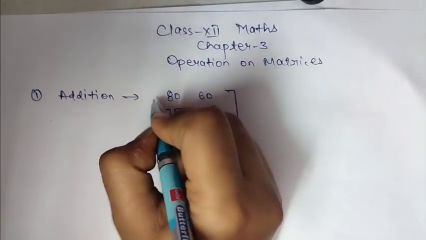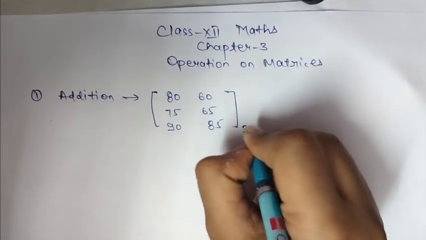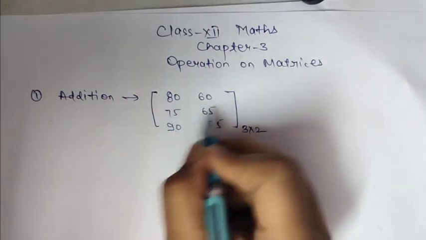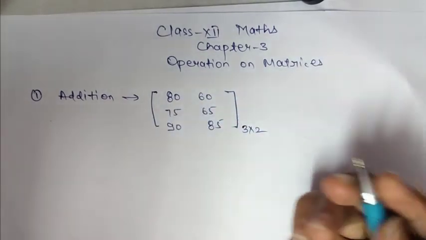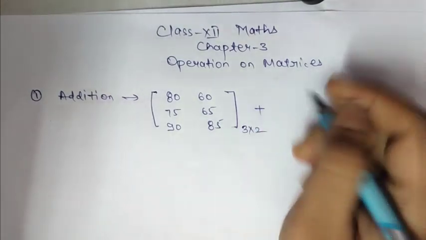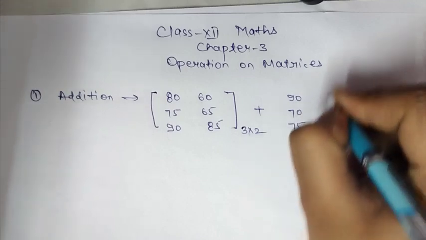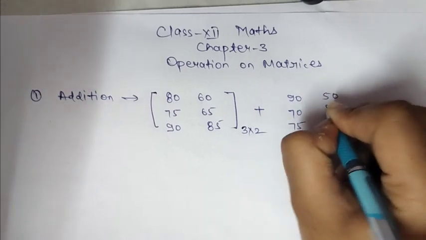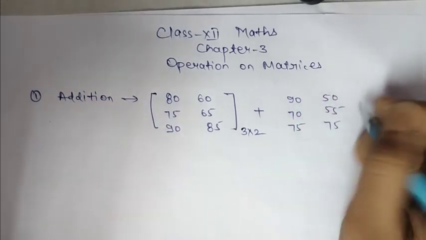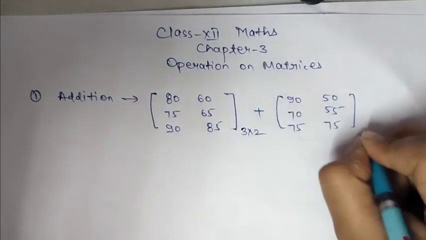Here you can say it is of 3 by 2 order. It means we have 3 rows and 2 columns. And the other matrix is 90, 70, 75, 50, 55 and 75. This is also a 3 by 2 matrix.